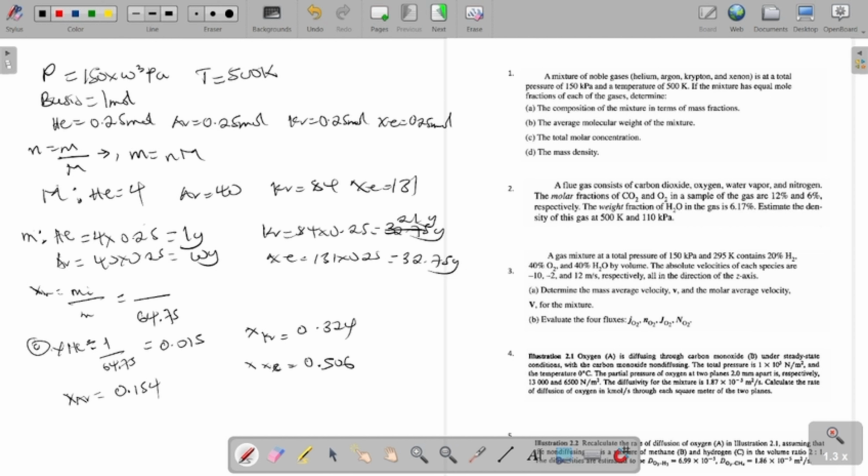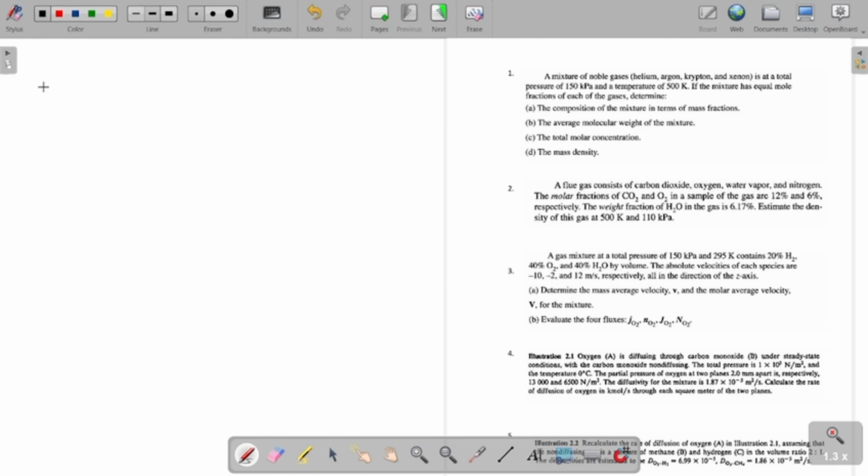Part B was telling us to also calculate the average molecular weight of the mixture. Since I already have the mass fractions, we have two approaches. When you are using the mole fractions, the average molecular weight will be equal to y1 m1 plus y2 m2 plus y3 m3 plus so on.